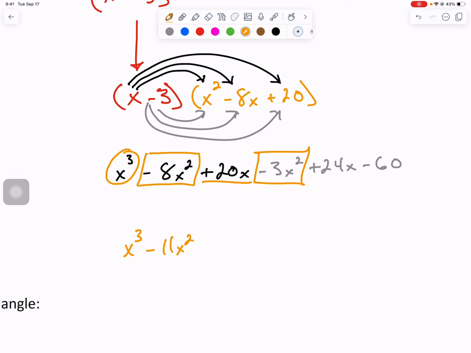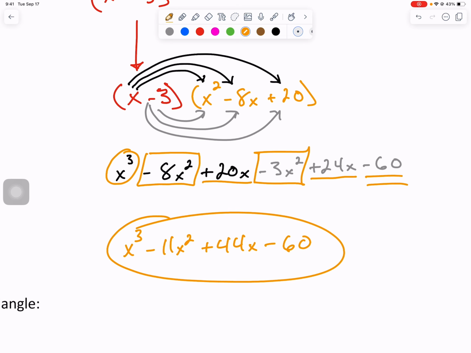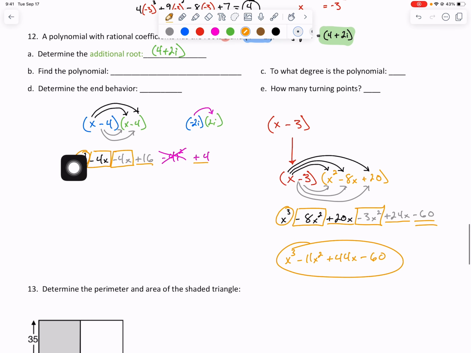I'm going to underline my 20x. I can combine that with, wonderful job, 24x, giving us plus 44x. And I will double underline my negative 60, giving me minus 60. I'm going to circle that, all right? Find the polynomial. Well, it's x cubed minus 11x squared plus 44x minus 60.